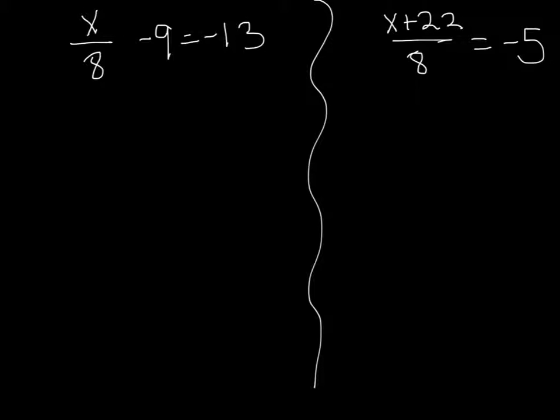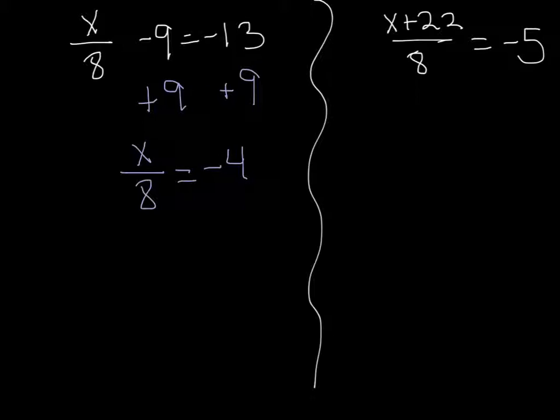Okay, for this next example, we're still trying to get x by itself. So the opposite of minus 9 is plus 9. So x divided by 8 equals negative 4, or x over 8. Remember, a fraction bar is another way of showing division.